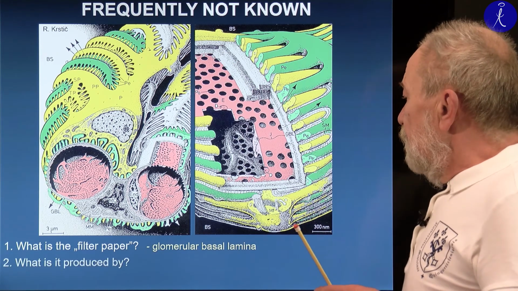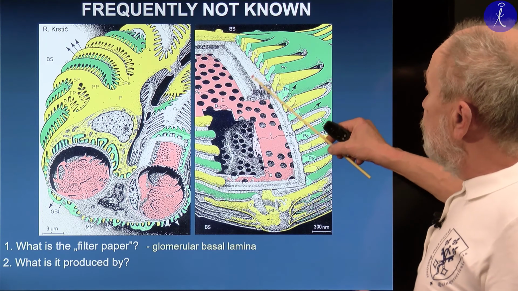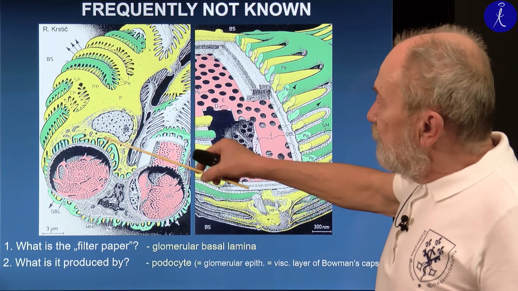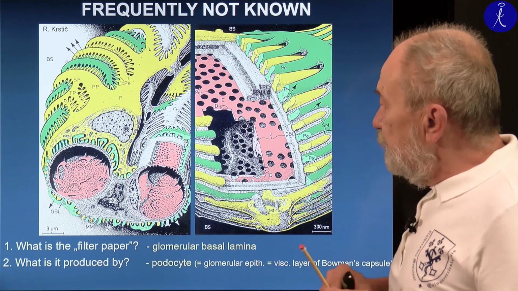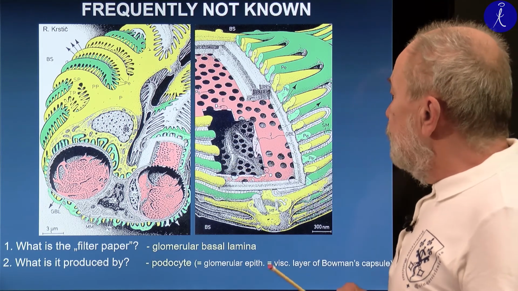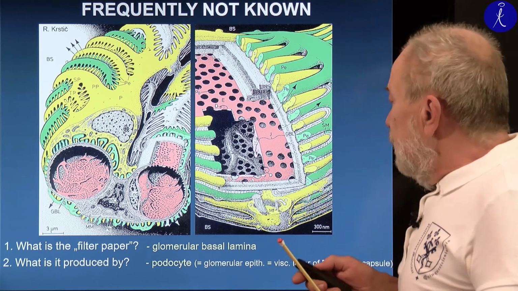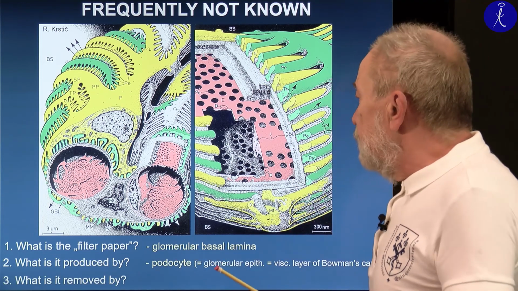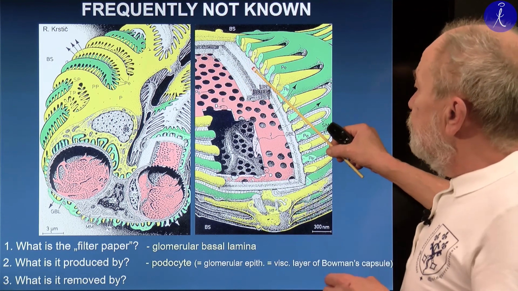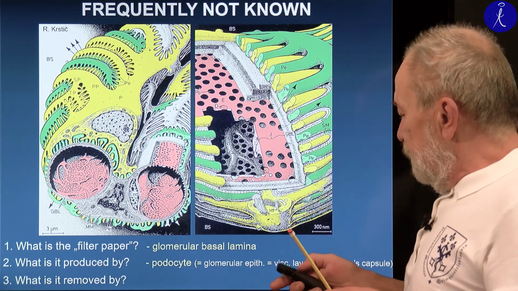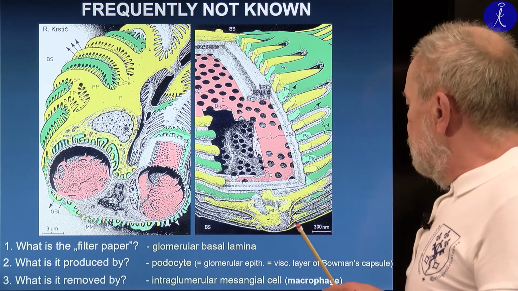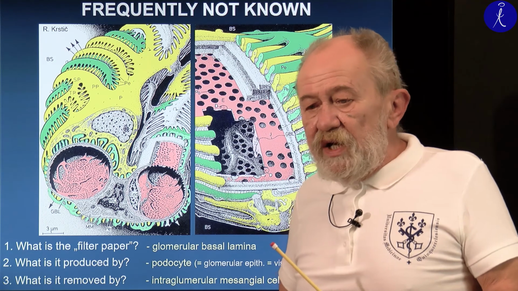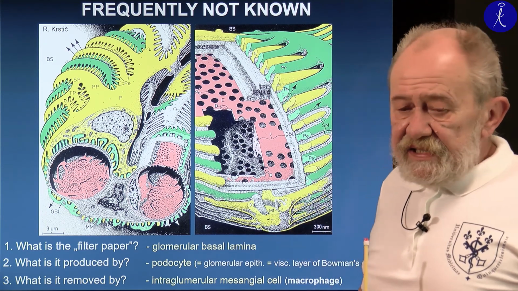So the question is what the basement lamina is produced by, and the answer is the podocyte; the function of the podocyte is continuously to produce the basement lamina. And the other thing is, there is something which should remove the used filter paper from the place, and this is the function of the specific macrophages, the intraglomerular mesangial cells.